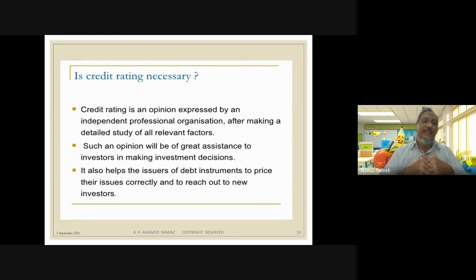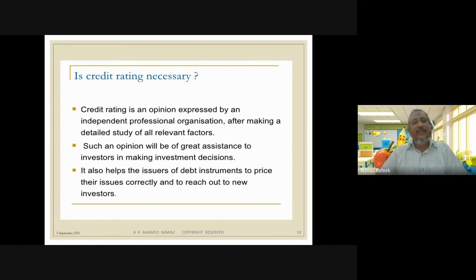it is compulsory to get a rating. That means all companies which are registered at the Security Exchange, and also public limited liability companies, credit rating is compulsory under the Companies Act in Sri Lanka, even in other countries.